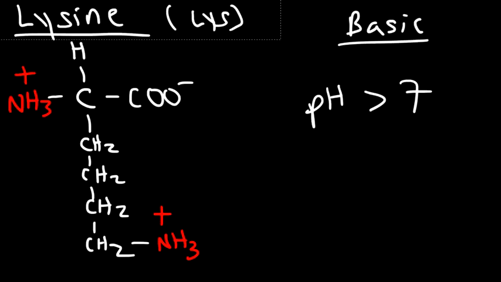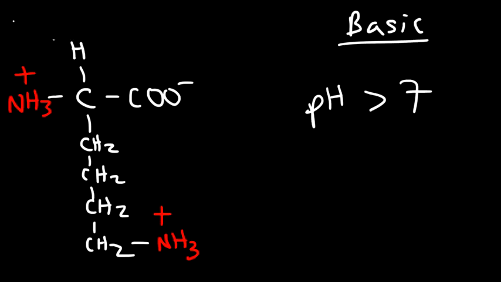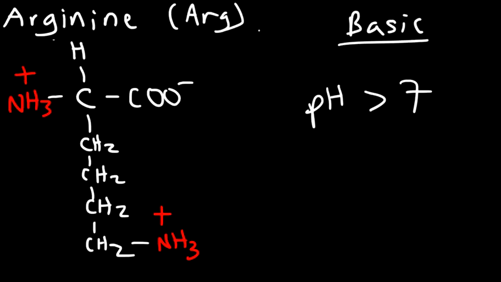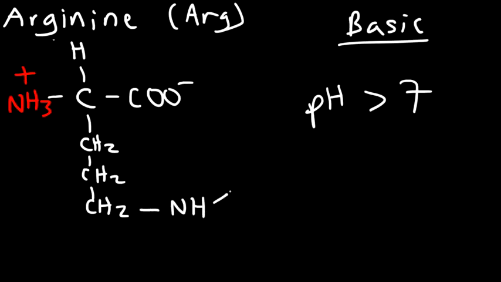Now the next amino acid that I want to talk about, that's also basic, is arginine. The abbreviation ARG. Now arginine is going to be somewhat similar to lysine in that it's basic, but there's going to be some differences. Instead of having 4 methylene groups, it's going to be 3 methylene groups, and then it's going to be attached to an NH group, followed by a carbon, double bonded to an NH2 group with a positive charge, and another NH2 group.